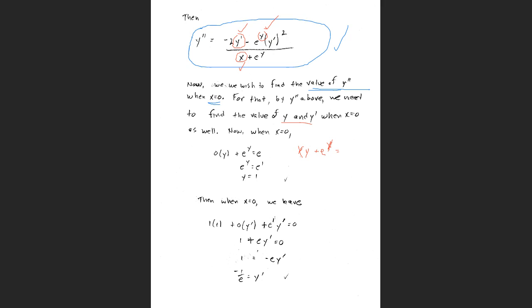So I'm going to put in x equals 0 for x, and maybe I'll be able to solve for y. And actually, I am, because I get e to the y equals e, but e you can think of as e to the first power. And so y equals 1.